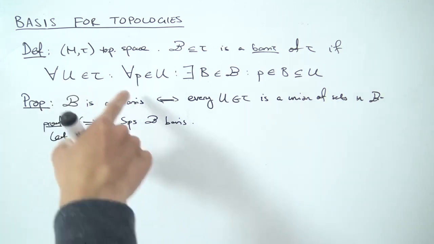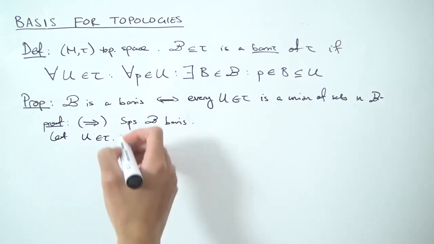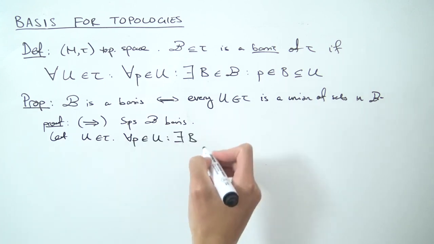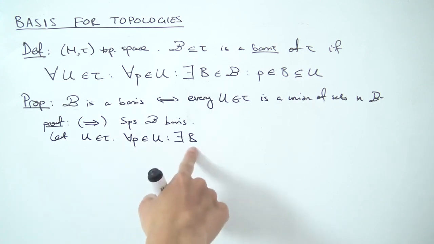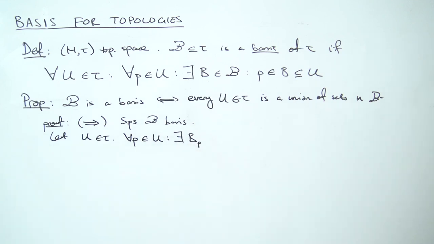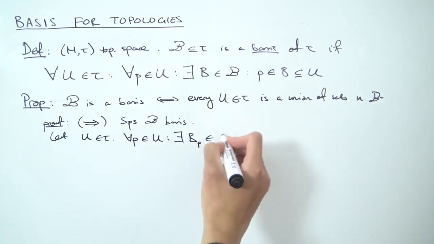Then by the definition of B being a basis, which is something we assumed, for all P in U, there's going to exist some B. Now B is going to depend on what P is. There could be multiple selections of what B could be, but I'll just index one of possibly many by B_P. So B_P should be in the basis.